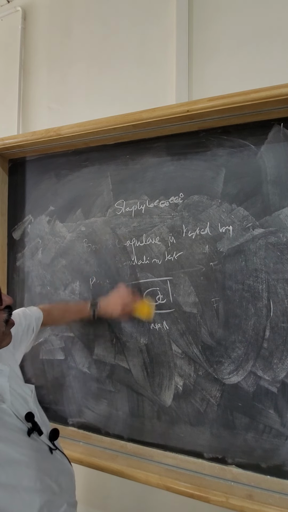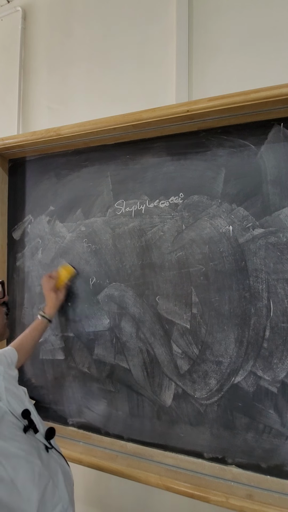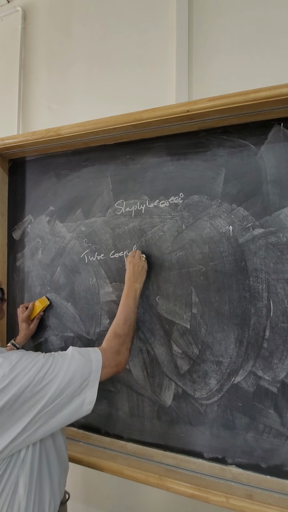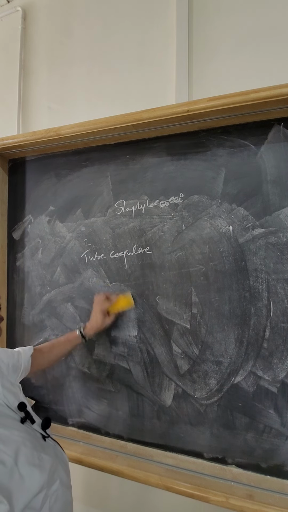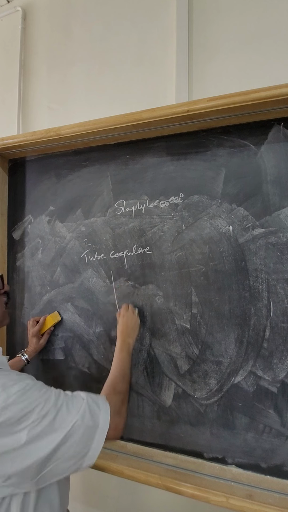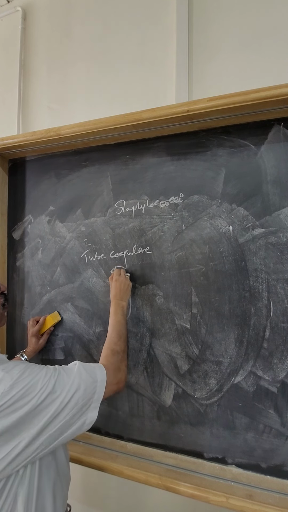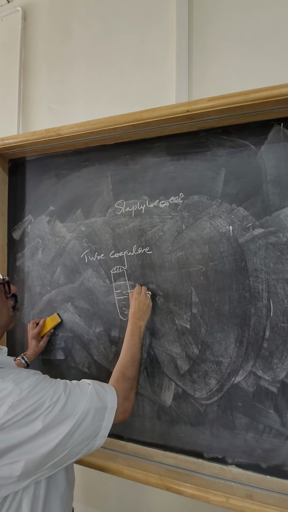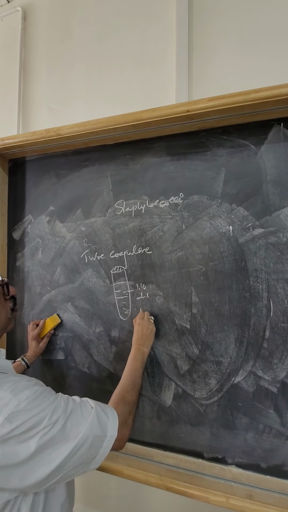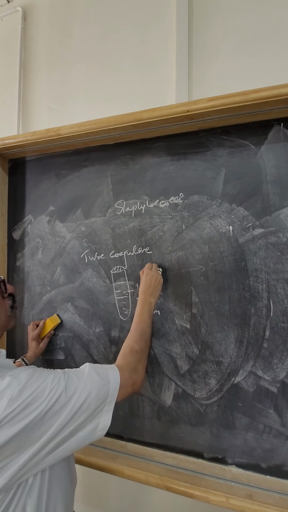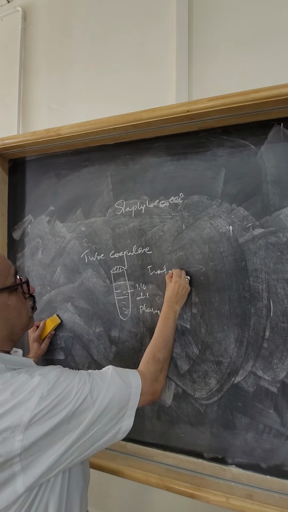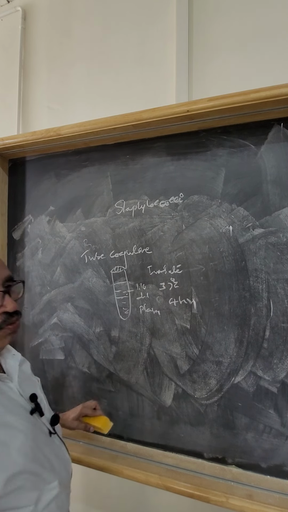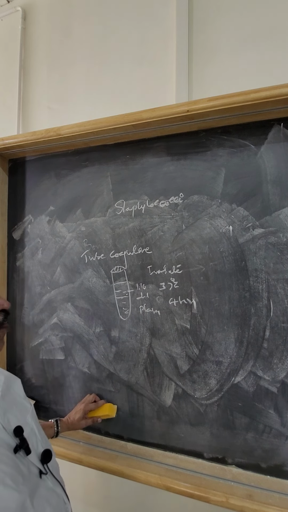The next is tube coagulase. What is tube coagulase? Tube coagulase tests the free coagulase. We take a saline suspension of the organism, add 1 in 10 diluted plasma, incubate at 37 degrees for 4 hours.